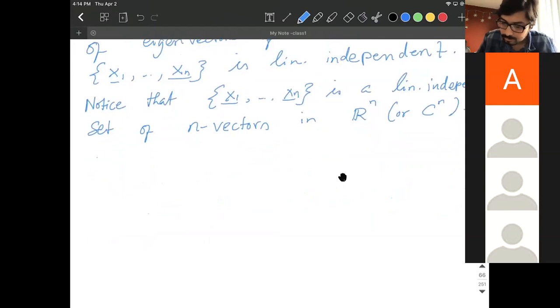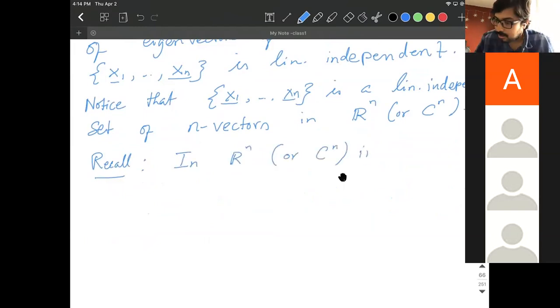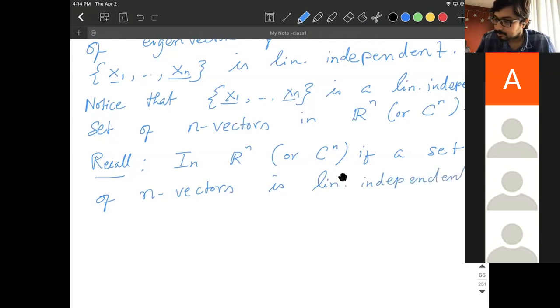So recall, in Rn or Cn, if a set of n vectors is linearly independent, then it has to span Rn or Cn.